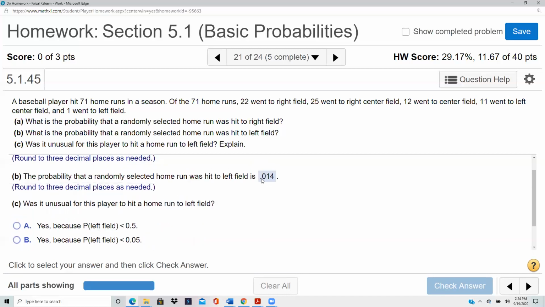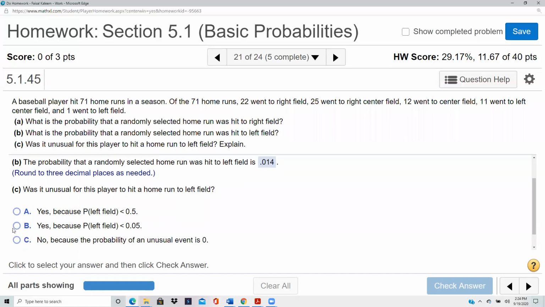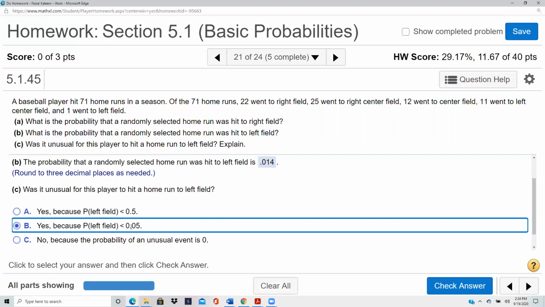So the probability here for the left field is 0.014. If you multiply this by 100, that's 1.4%. So 1.4% is less than 5%. So yes, that is unusual. Yes, because that's the reason 5% is 0.05, not 0.5. So anything less than 5% will be unusual.